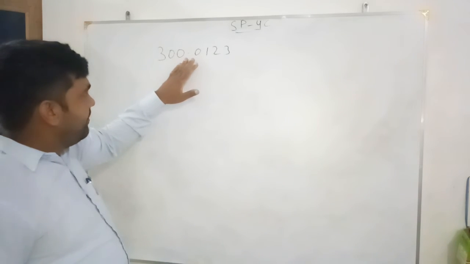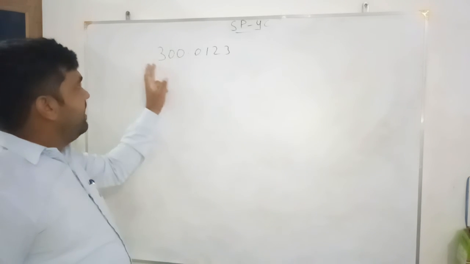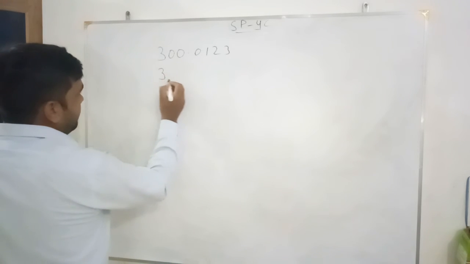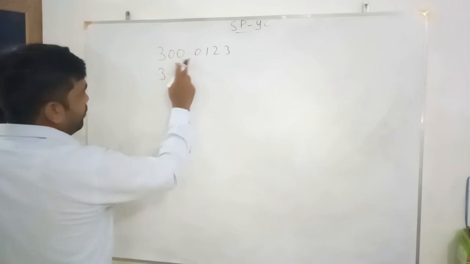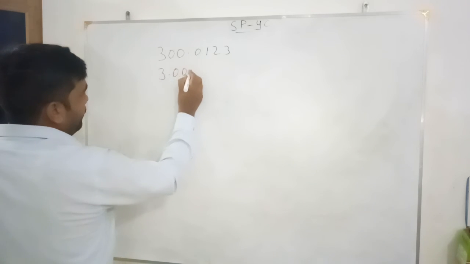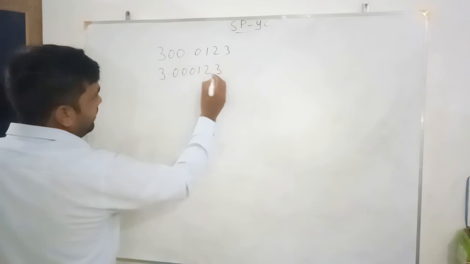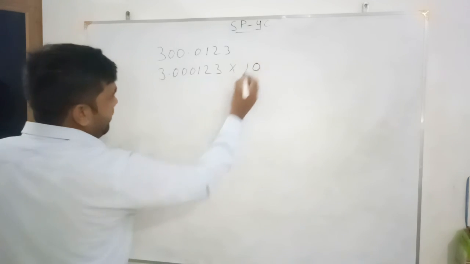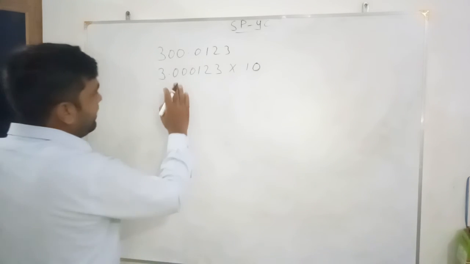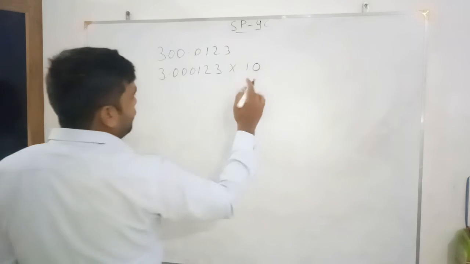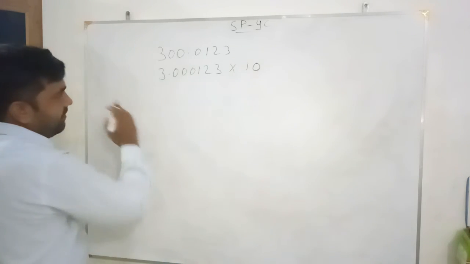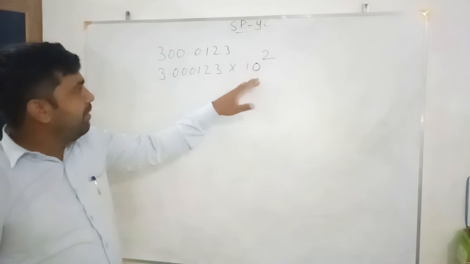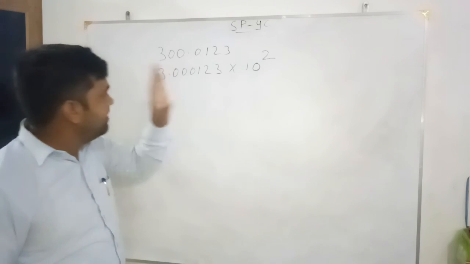Here we have to shift this decimal 2 places left. So we can write this number as 3.000123 multiply 10 to the power 2. I have set the decimal 2 places left, so I have to raise the power 2, because if I multiply this 10 to the power 2 with this number, the decimal will shift 2 places right again.